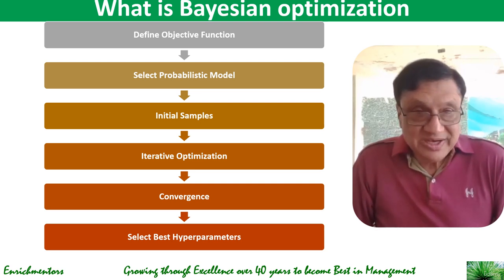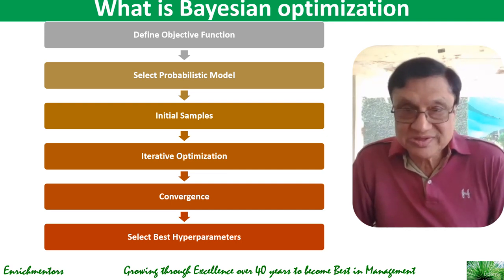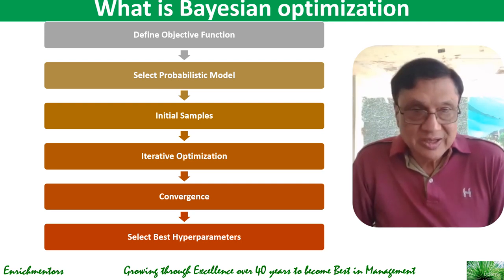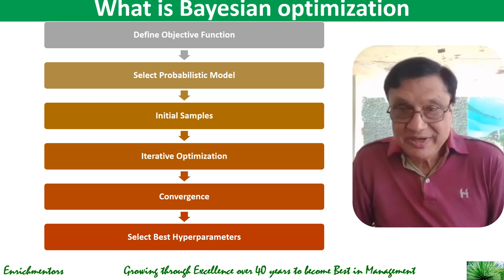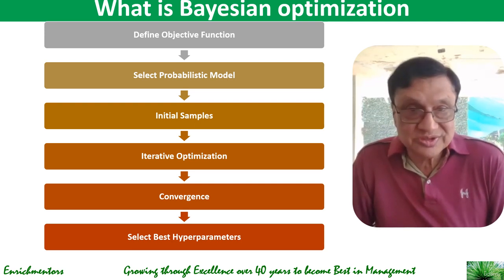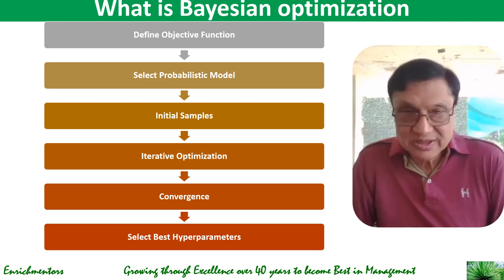So Bayesian optimization efficiently explores the hyperparameter space by leveraging information from previous evaluations to guide the search towards promising regions. By iteratively updating the probabilistic model and selecting hyperparameters that balance exploration and exploitation, Bayesian optimization can quickly converge to high-performing solutions with fewer evaluations compared to random search and grid search.